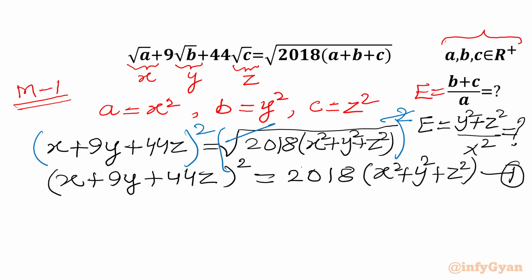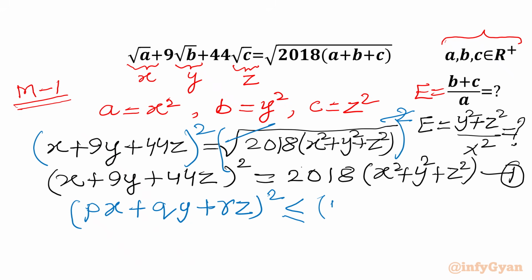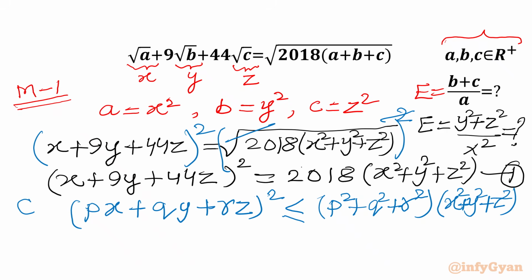Now we are going to use Cauchy-Schwarz inequality. If I write here (px plus qy plus rz) whole square, this must be less than or equal to (p square plus q square plus r square) times (x square plus y square plus z square) as per the Cauchy-Schwarz inequality.